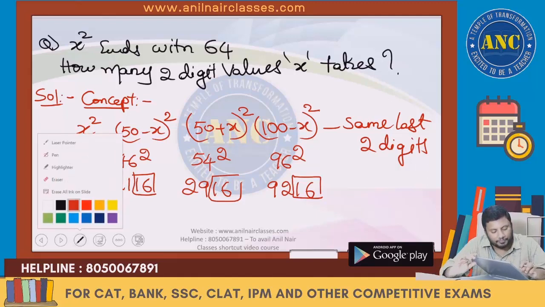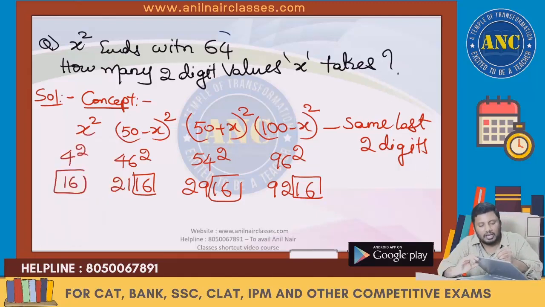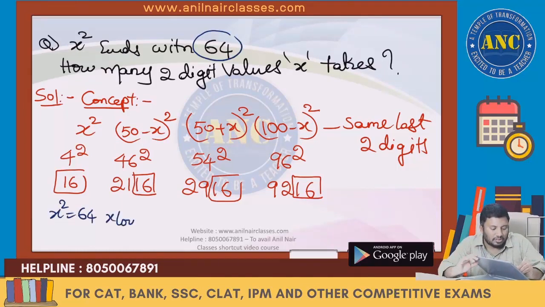From here, we will solve the question. X square ends with 64. X's lowest value is 8.